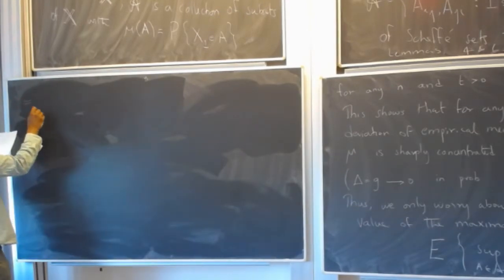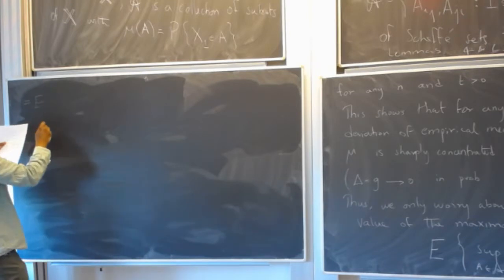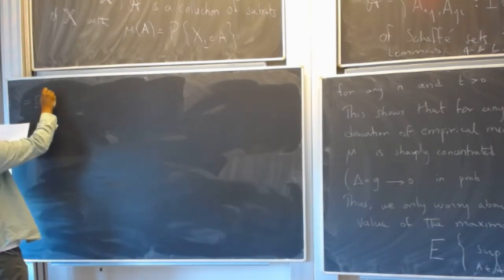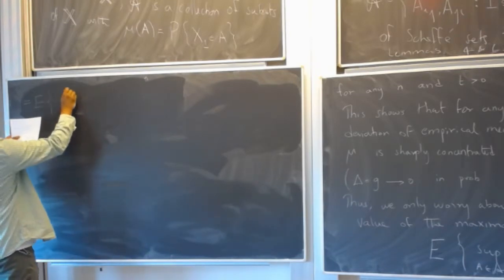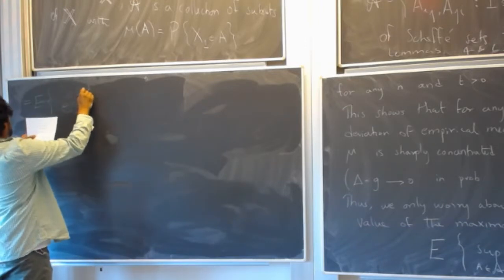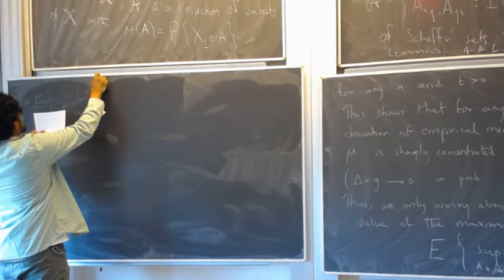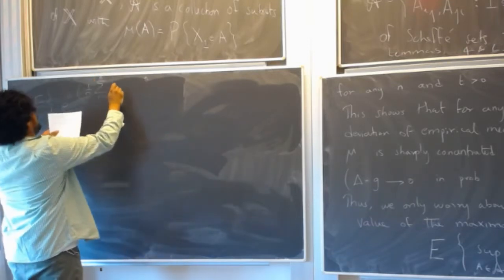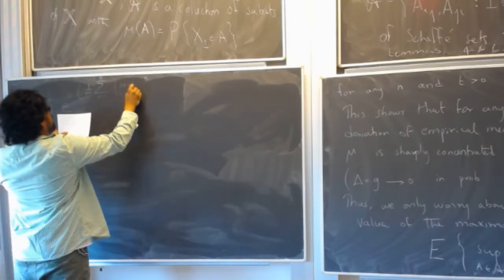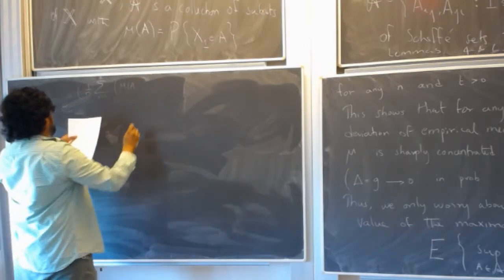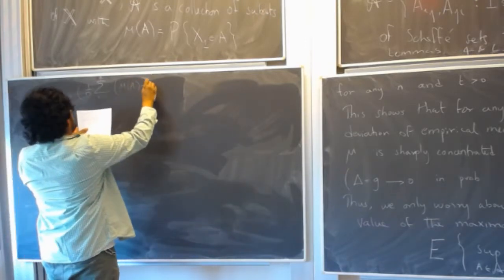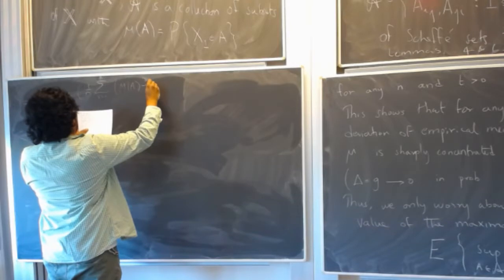So then we have the expectation of e to the s times 1 over n summation as i goes from 1 through n of mu of a minus the indicator function.